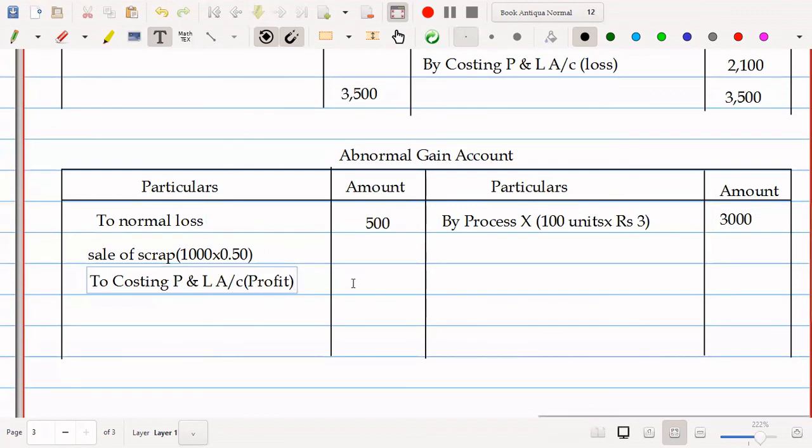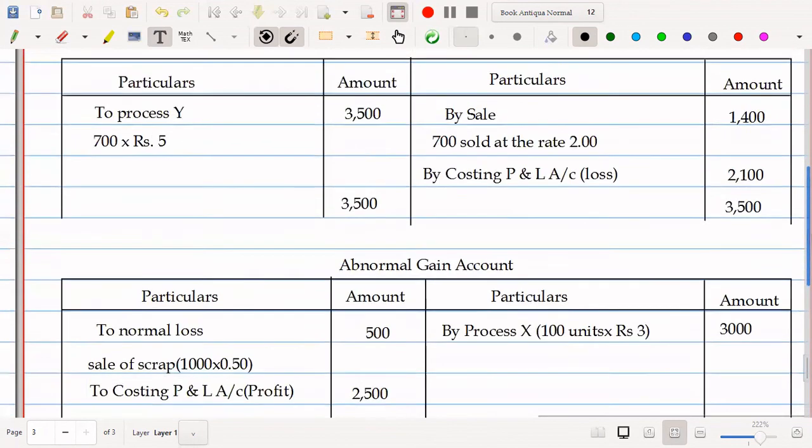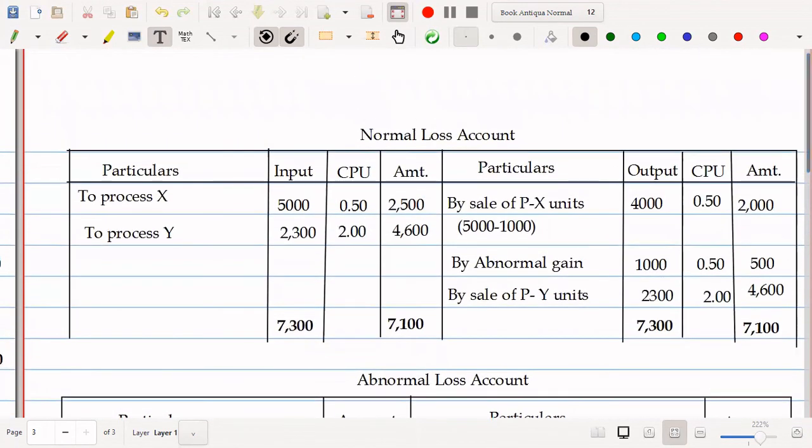What is the profit? 2,500. When we total on both sides, it comes to 3,000 and this also comes to 3,000. So this is how you prepare the abnormal loss, abnormal gain and normal loss accounts.